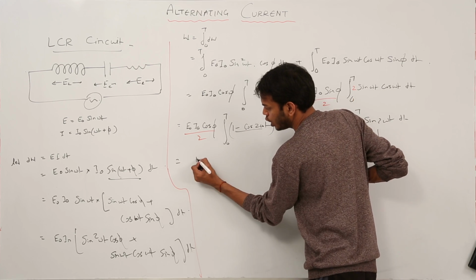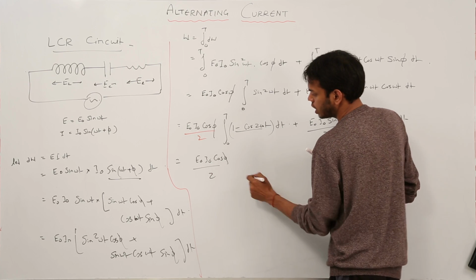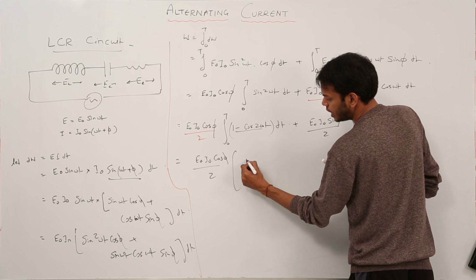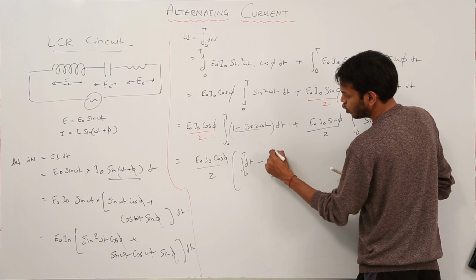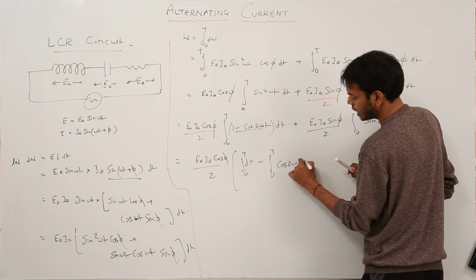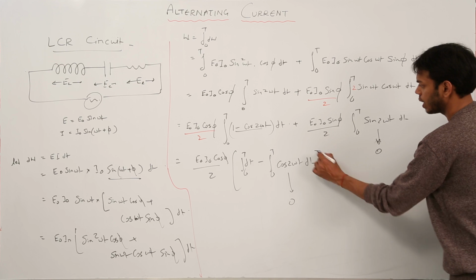Number one, the constants and integration of dt from 0 to t, and number two, integration from 0 to t of cos 2 omega t dt. This term will ultimately lead you to 0.